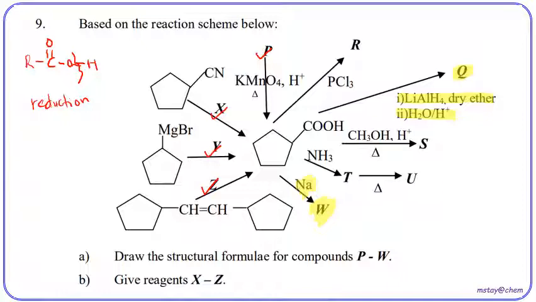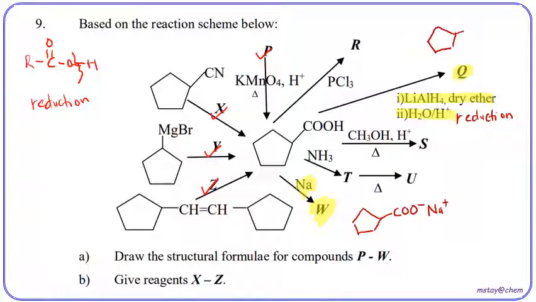So coming back to here, we draw the structure of W first. We draw back the cyclic part, the COOH will become COO negative and then Na plus, because sodium can react with carboxylic acid. Again, when we see the lithium aluminum hydride, we know this is the reduction process. So as usual, we draw back the structure of the cyclic part because there are no changes, so no functional group involved.